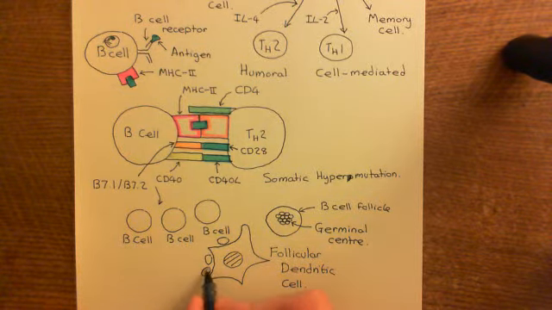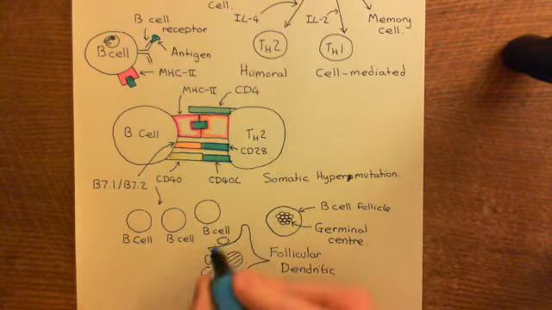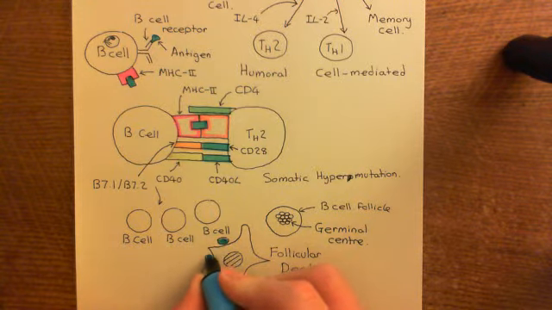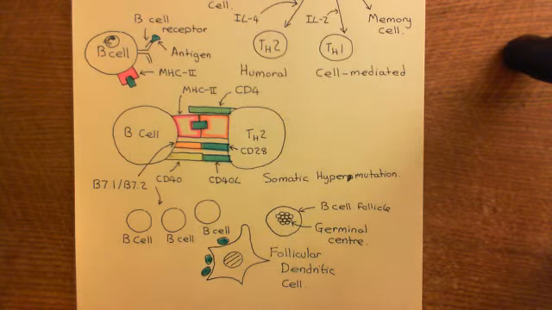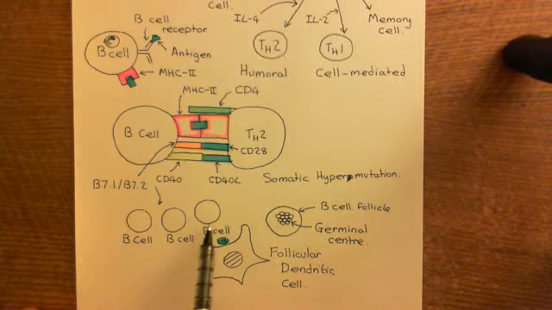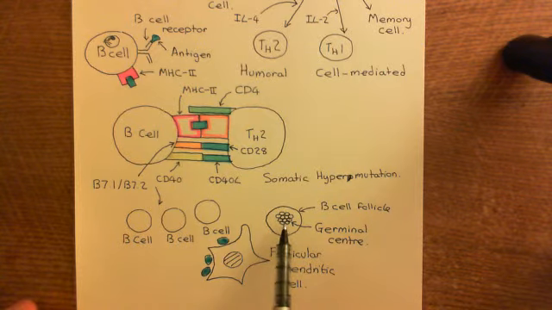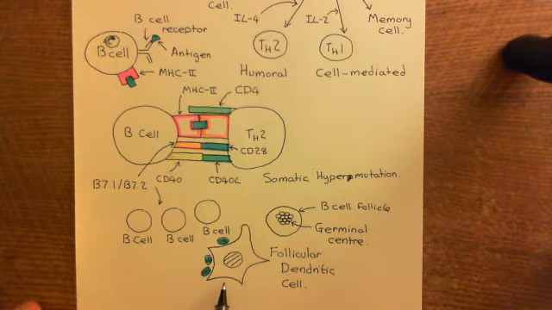Now, why is this useful? Basically, this means that there is a large supply of this antigen for which these B cells have complementary receptors. Now what's going to happen is that this huge population of B cells in the germinal center, which all have slightly different B cell receptors, are going to compete for the antigen that is on the surface of the follicular dendritic cells.